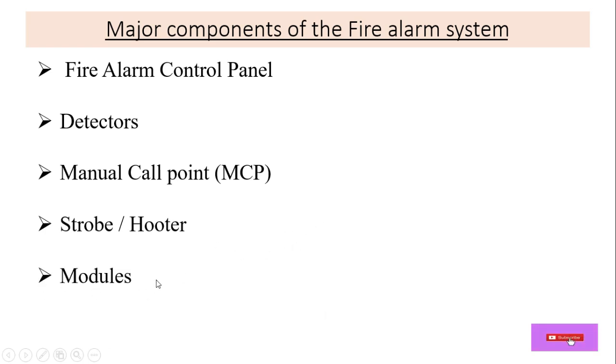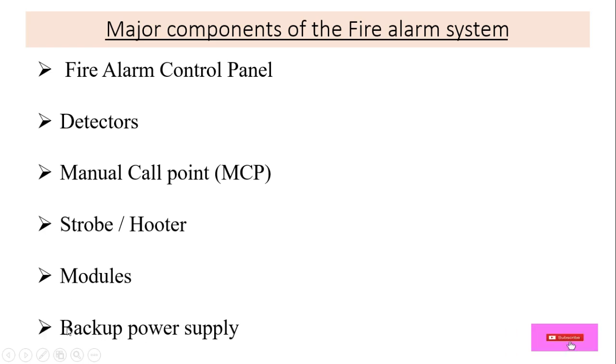Then there are different types of modules integrated through the fire alarm control panel: monitor modules, control modules, relay modules. Through these it integrates the HVAC systems, elevators, BCMs, wherever required.